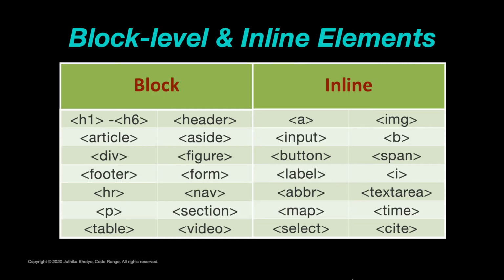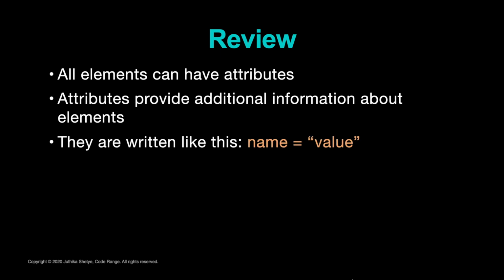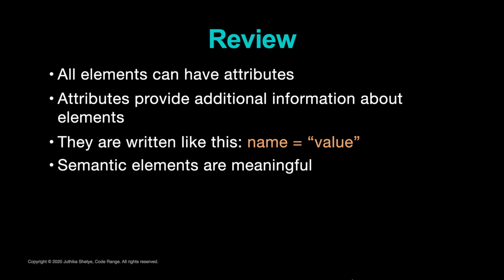Here are some examples of block level and inline elements in HTML. So to quickly review, all HTML elements can have attributes, and attributes provide additional information about elements. They are written in name and value pairs. Semantic elements clearly describe their meaning to the browser, developer, and improve the accessibility of your site.